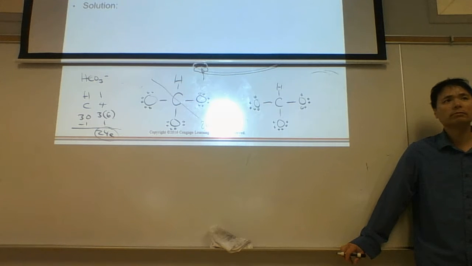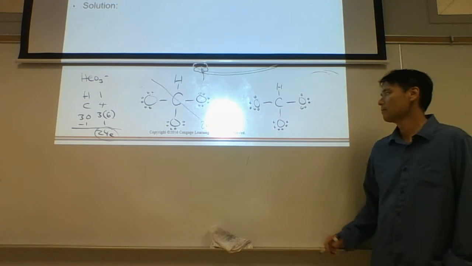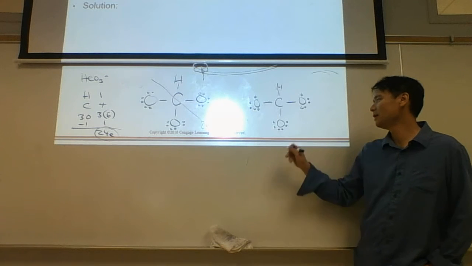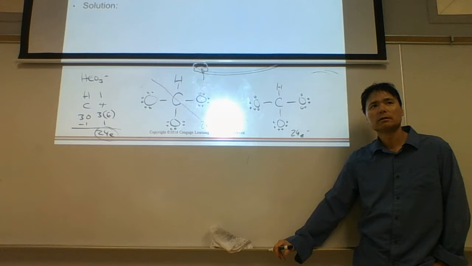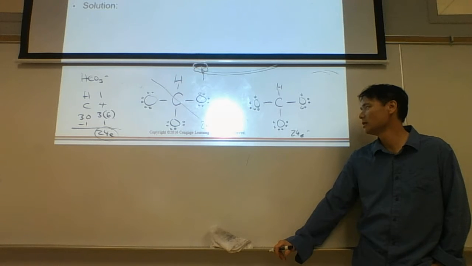Why? It's not stable. Why is it not stable? This is not quite an octet, but I'm kind of stuck because I only have 24 electrons. But there's another issue with this. Do you see the other issue?